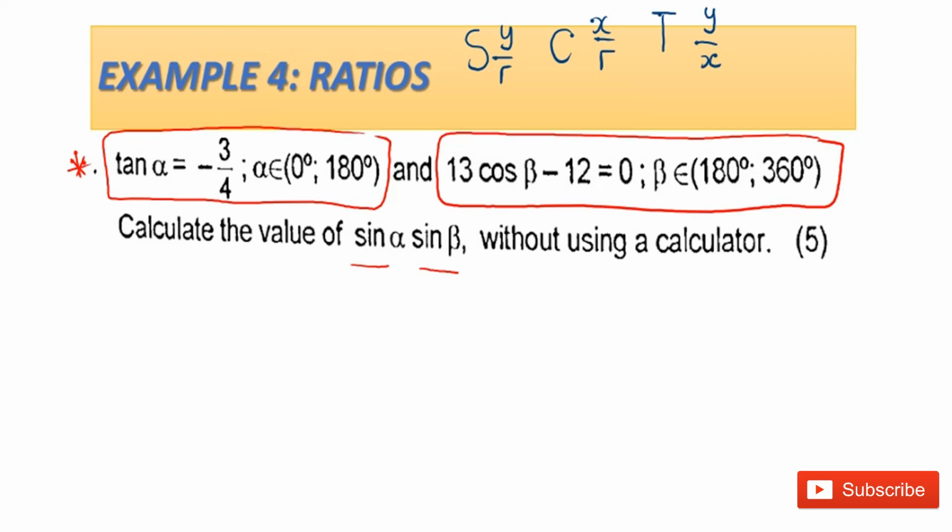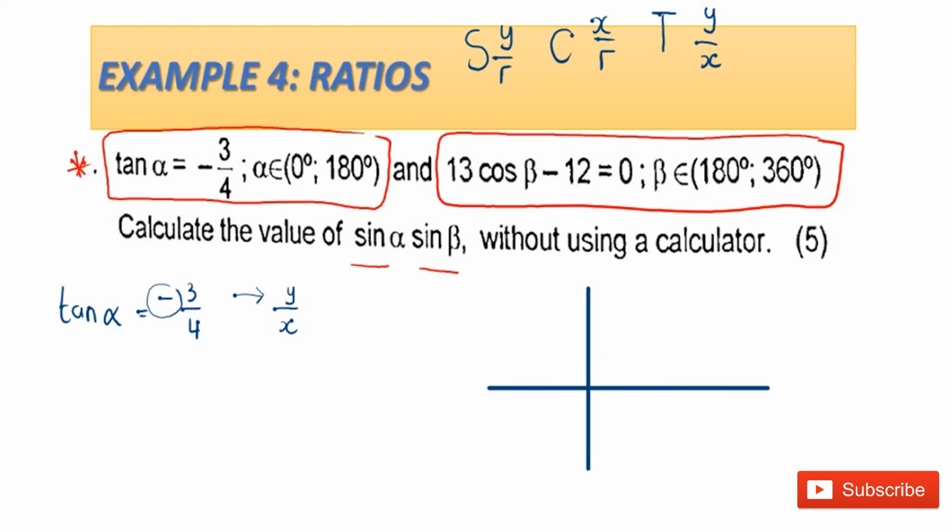Because we're given negative 3 over 4, we know that tan of alpha is equal to negative 3 over 4, right? We know that tan of an angle is y over x. So that is y and that is x. But we need to decide, where does this negative apply? All right, so that's why we go to the Cartesian plane.